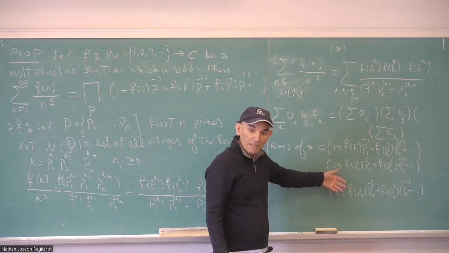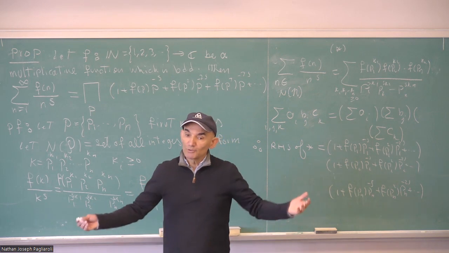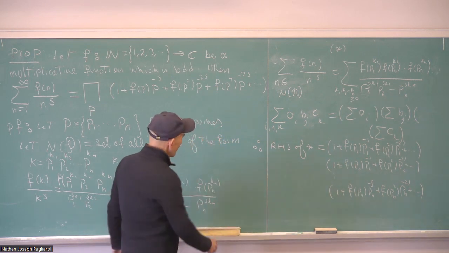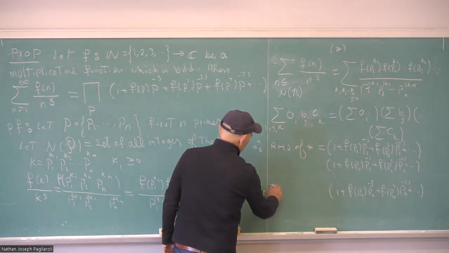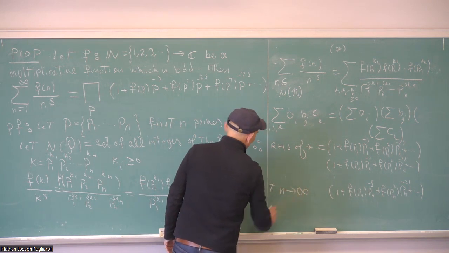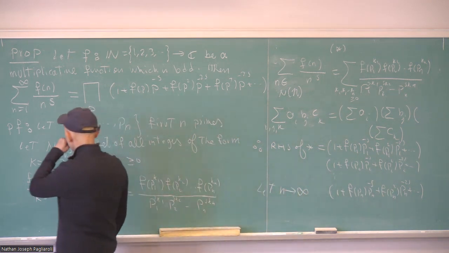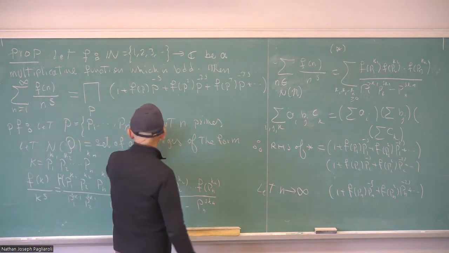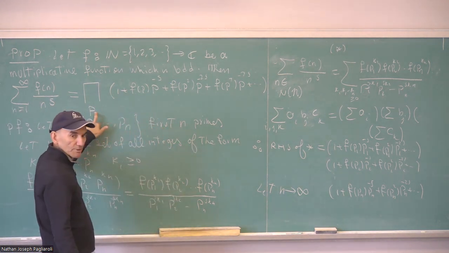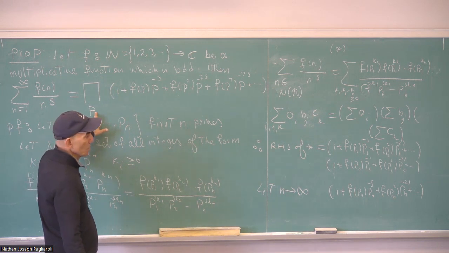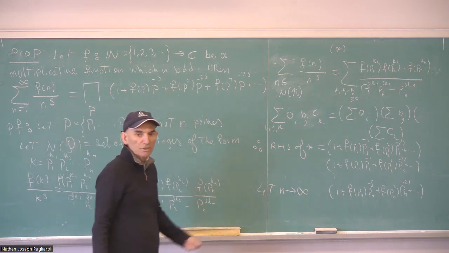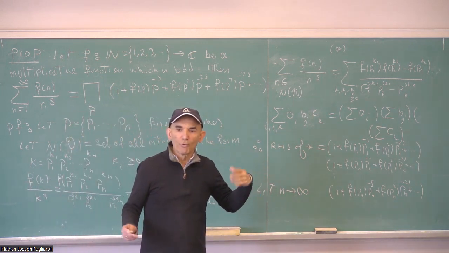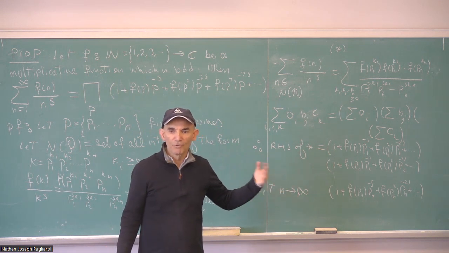Okay, then what do we do? Let n go to infinity, and you're done. Because if n goes to infinity, on the left-hand side you are producing all integers, and on the right-hand side you're getting all the primes. So this is also a proof of the Euler product formula for a special function.